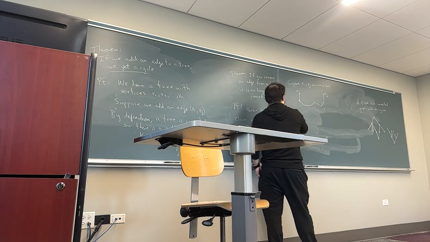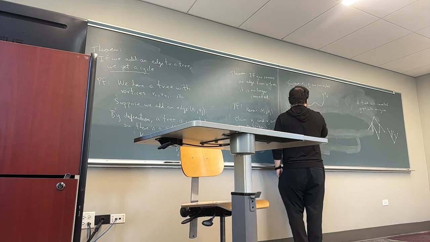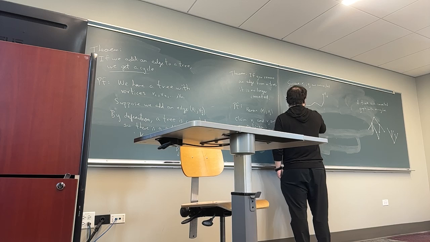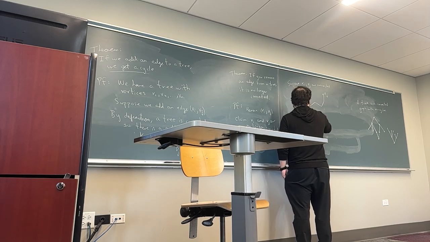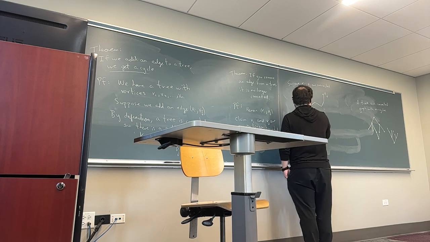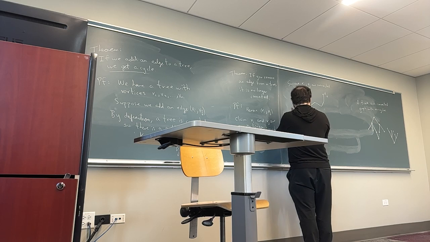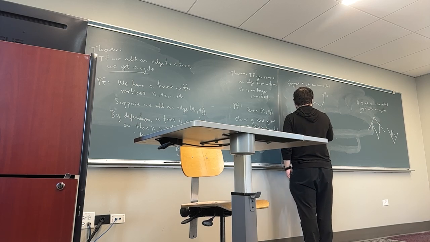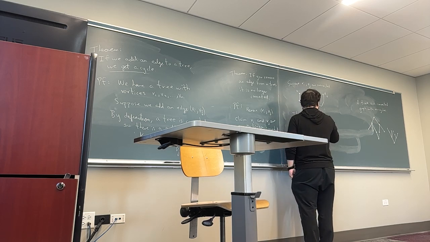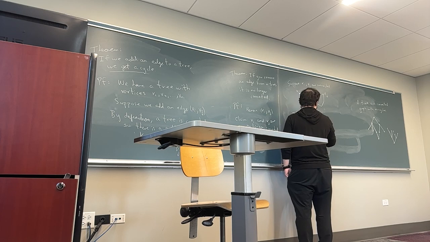Well, this implies that when Vi was connected to Vj, we had a loop, but we had a cycle. But that's impossible in a tree.